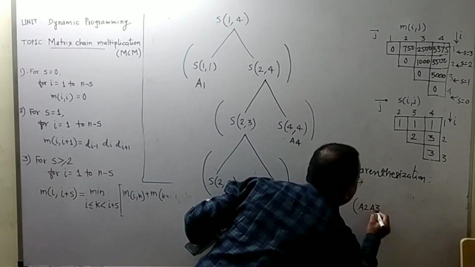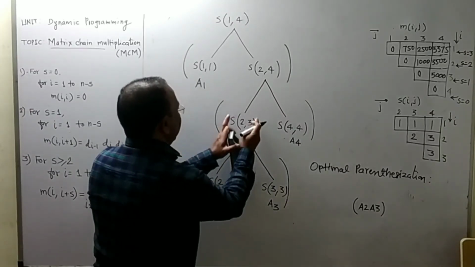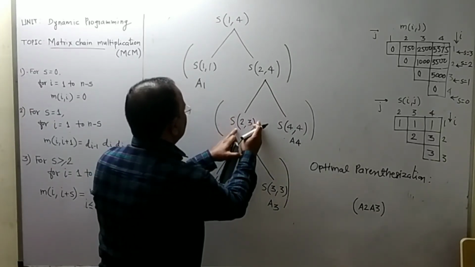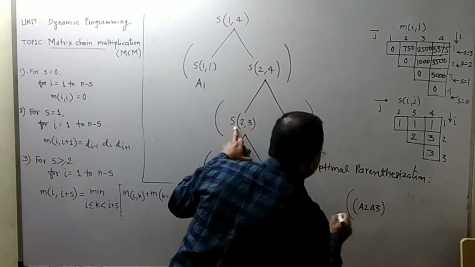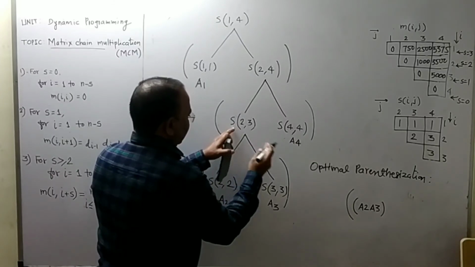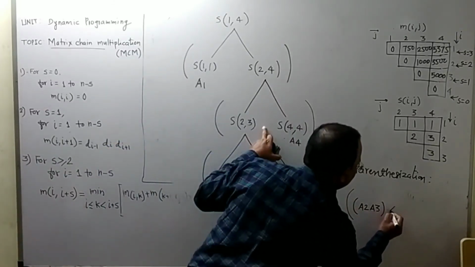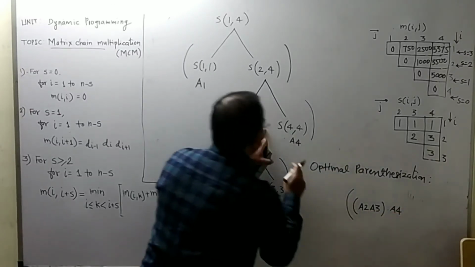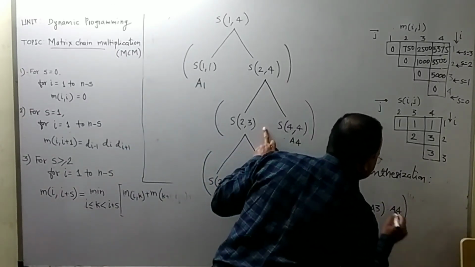A2 is multiplied with A3. Okay. Now the same will come at this place. So before this there is an opening bracket like this. Then after this there is A4, means into A4, and after A4 there is a closing bracket.